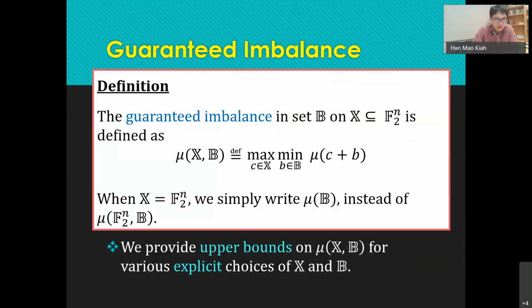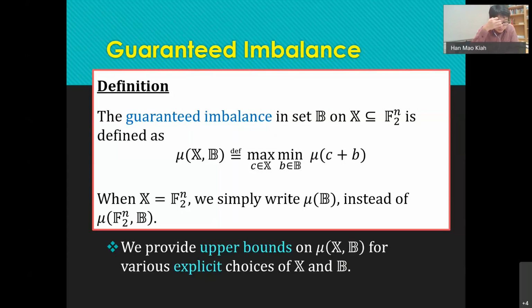Intuitively, for some C in X, we ask how small we can make the imbalance by adding vectors from the set B. So we want to minimize this quantity. Then we consider all possible C's and look at the worst case scenario, which is why we look at the maximum here. This is why we call this quantity the guaranteed imbalance.